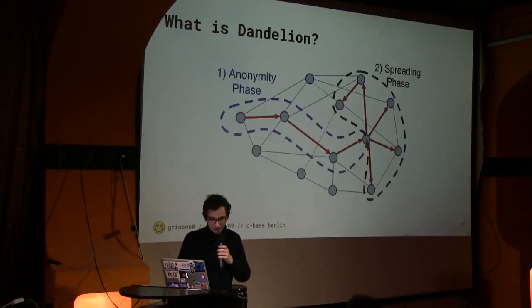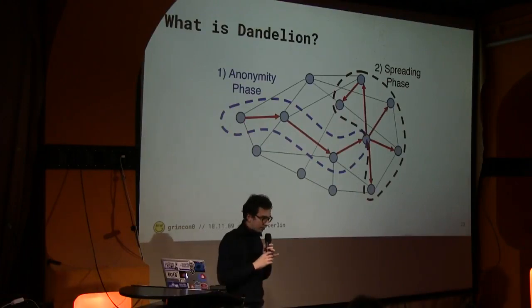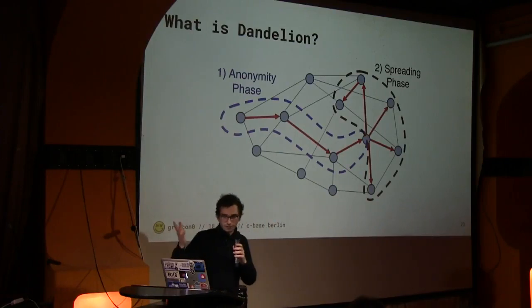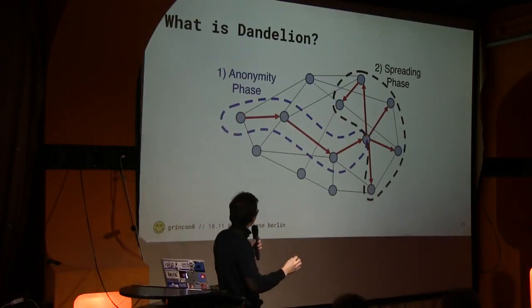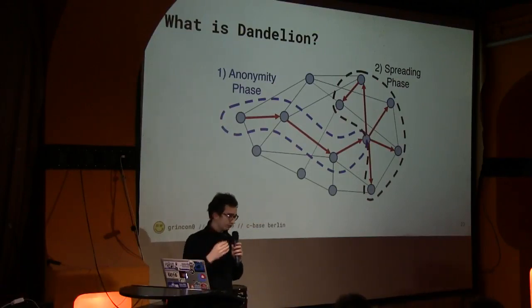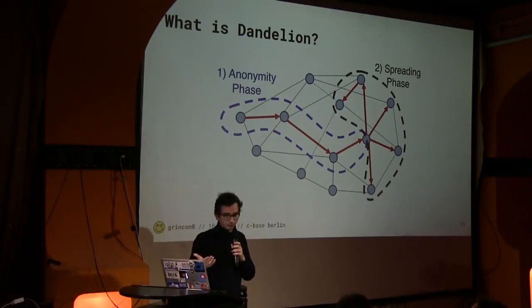So what exactly is Dandelion? You want to hide the original sender of a transaction. You will see here there are 2 phases. The node on the left tries to send a transaction to the network. But instead of spreading the transaction normally, sending it to all the peers, it will send it to just one peer. This is called the anonymity phase. So you send the transaction to only one peer, and this peer is called the Dandelion relay. It's not a random peer.